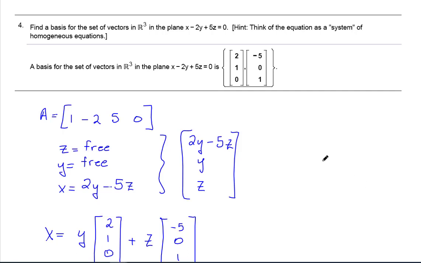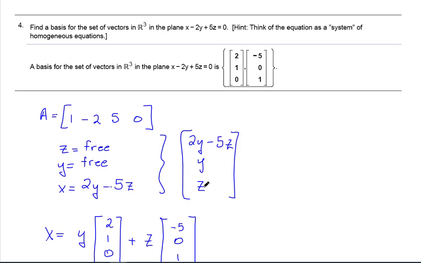All right, in question 4, we have an equation for a plane in R3. So this particular plane, I'm looking for a collection of vectors that would span and be linearly independent for this plane. And so one of the ways of doing this is to consider this as a single equation, 1, -2, 5, 0, which means z is free, y is free, and x is a combination of y and z.